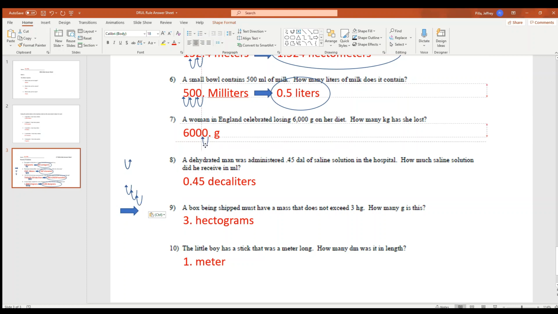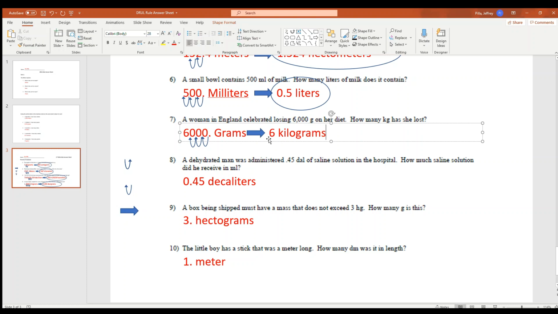So we're going to go 1, 2, 3. Okay? Oh, I didn't write out the word grams. There we go. We move our decimal place to the left 3 times, and our new number becomes 6 kilograms.